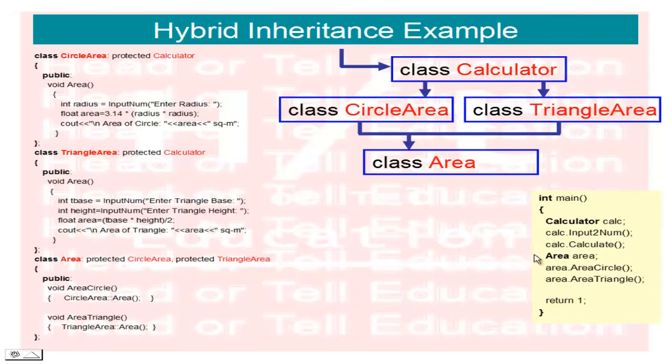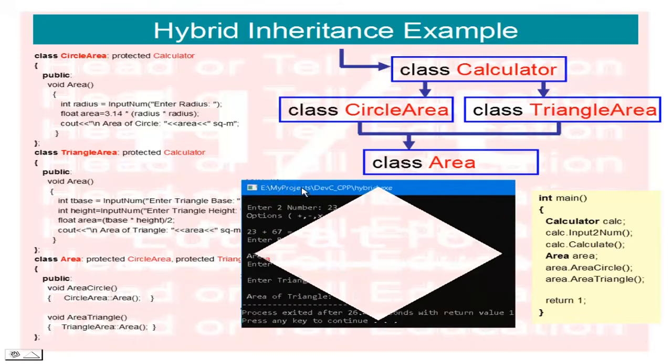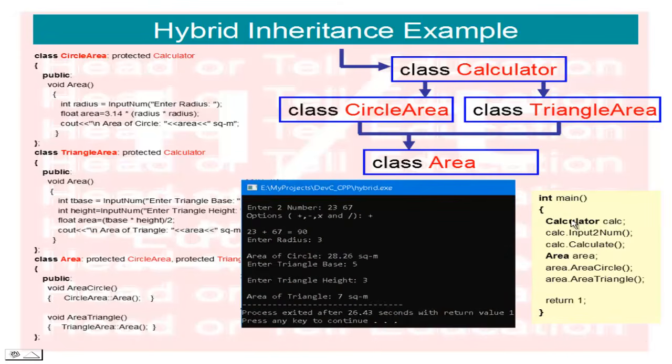Here I created an object of class area: area dot area circle and area dot area triangle. So this is the full code of the hybrid example.